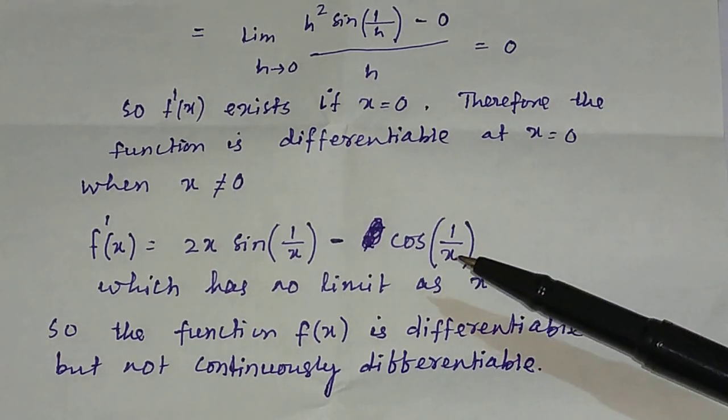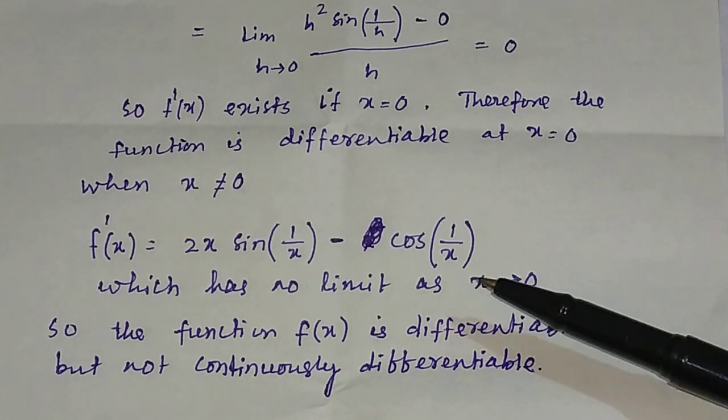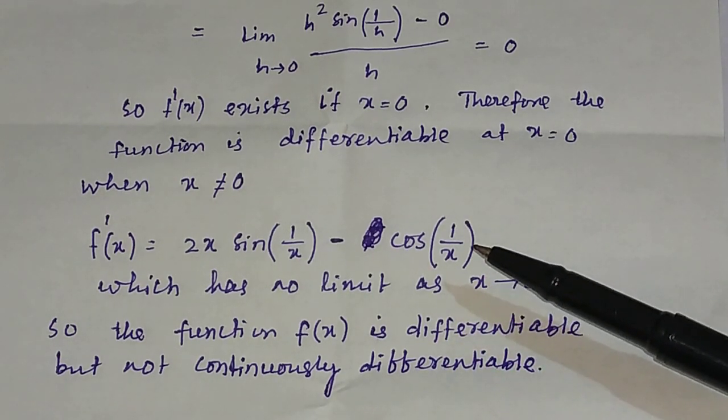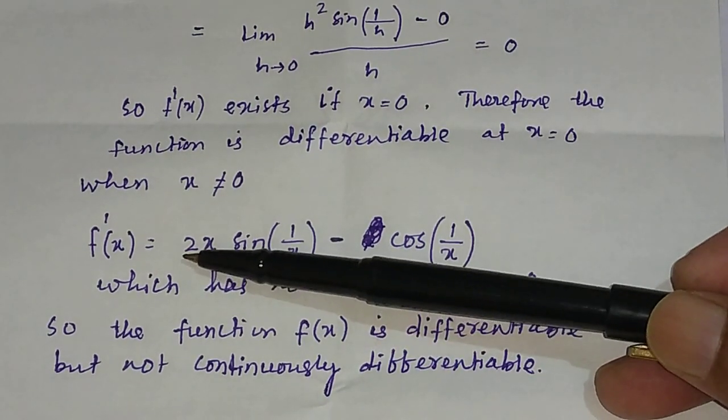The second term will be equal to minus cos 1 by x, which has no limit as x approaches 0. When x approaches 0, you cannot find the limit of the first derivative of the function.